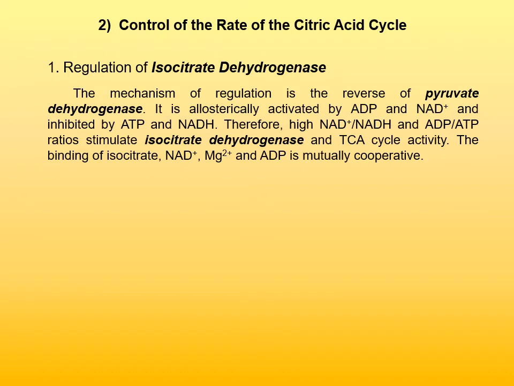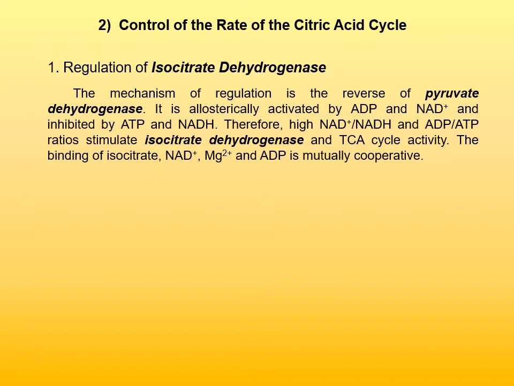It is allosterically activated by ADP and NAD+, and inhibited by ATP and NADH, which means that high NAD+ to NADH and ADP to ATP ratios stimulate isocitrate dehydrogenase and citric acid cycle activity.